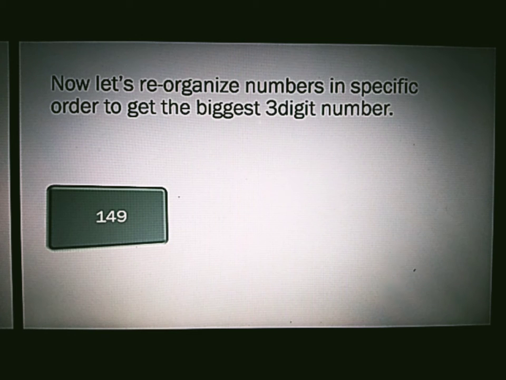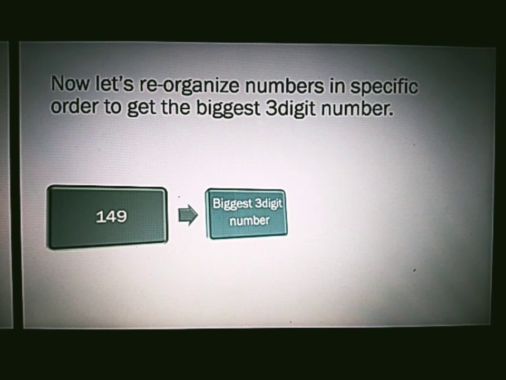First we will have to take 9 because it is biggest number of all. Then the remaining numbers that we have are 1 and 4. Out of that 4 is the biggest number. So after 9 we will write 4. And the remaining number is 1. So we get the biggest 3-digit number, that is 941.